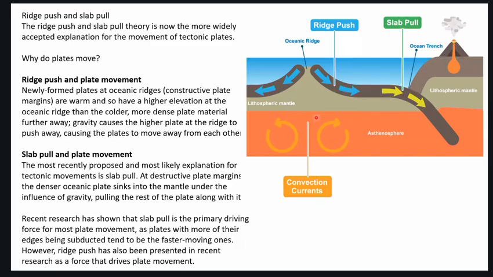So the difference is that in this one, you have hot buoyant magma rising at a divergent boundary, where the plate cools, and then this elevated part, due to gravity, the plate starts moving away from this ridge. But in this one, it occurs when two plates collide and one is sliding under the other. Generally, it occurs at a subduction boundary.